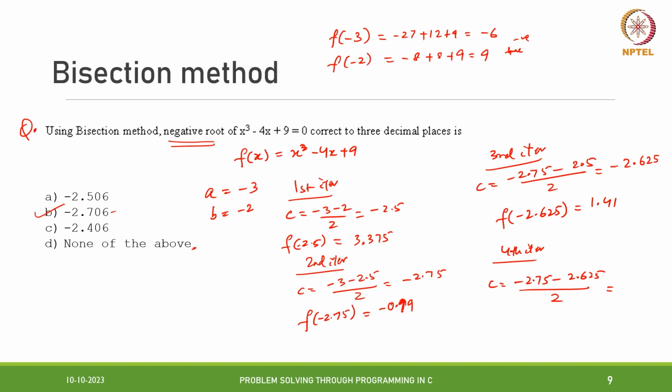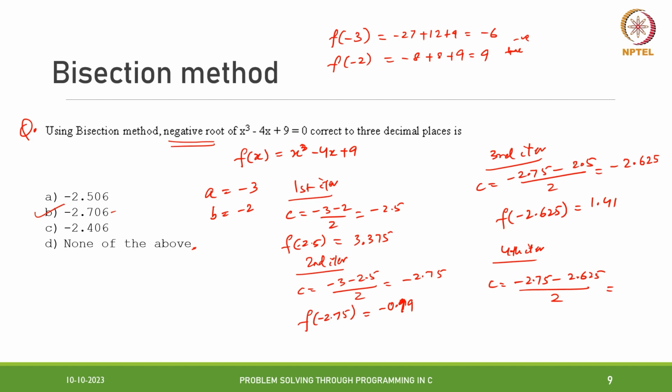If you want to exactly calculate it, then you have to go for a few more iterations, but otherwise you can see that in this range, your answer can be only option B or option D. And option B, if I put the value in f of x, I'll get a value very close to 0. So it saves us time basically.